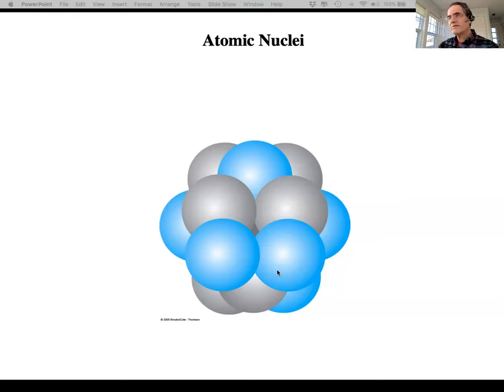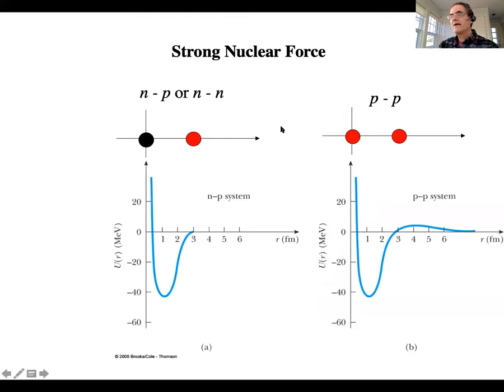This other force is called the strong nuclear force. And we can say a little bit about it without going into details at this point. First, the strong nuclear force acts between nucleons. It acts between protons, between neutrons, and between protons and neutrons.